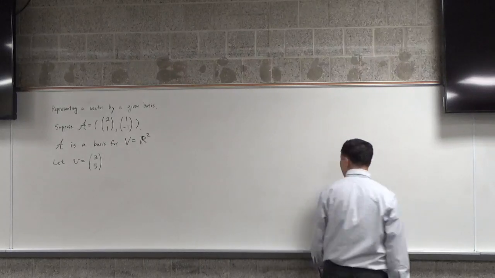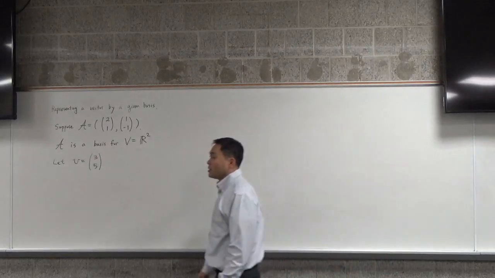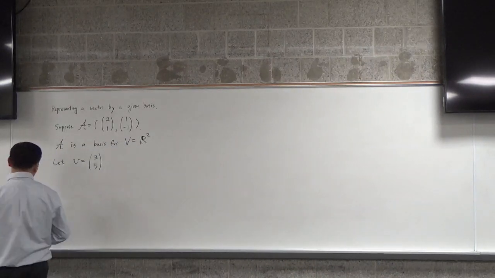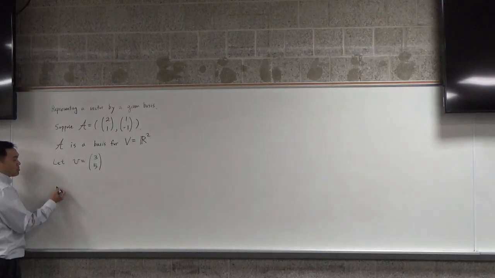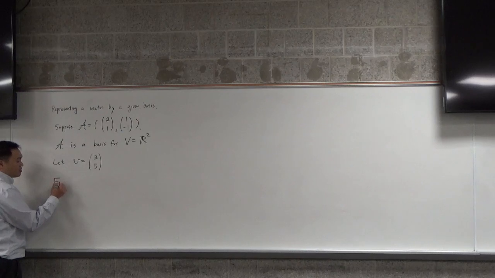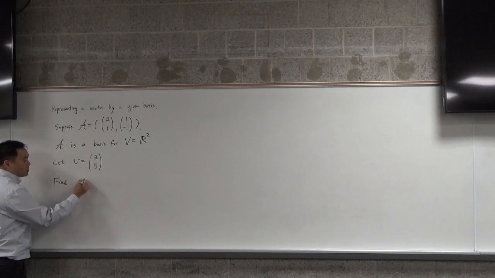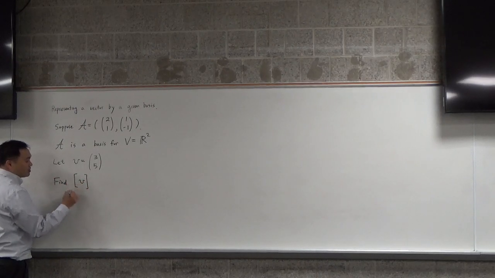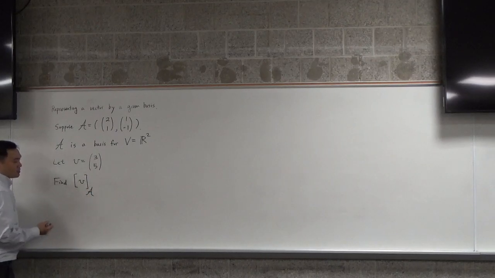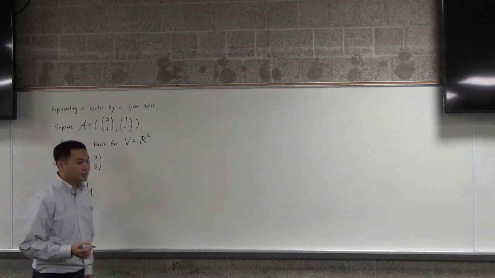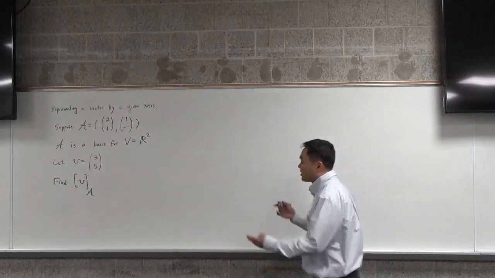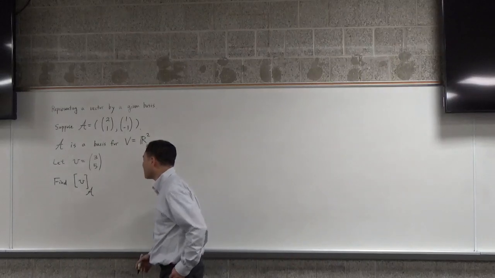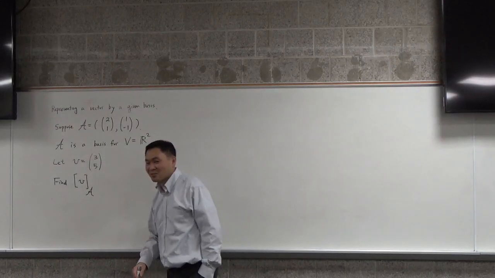So you have a vector in R2, and now I'm going to give you an assignment, which is to find [v]_A. I guess I can't ask you to do this because you don't even know what this symbol means.